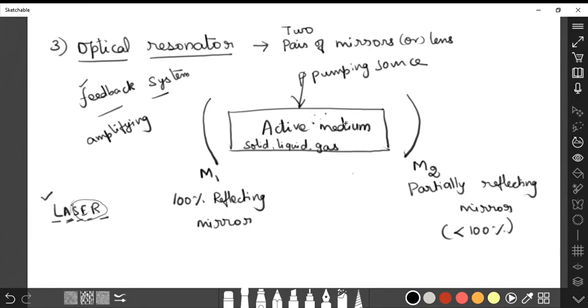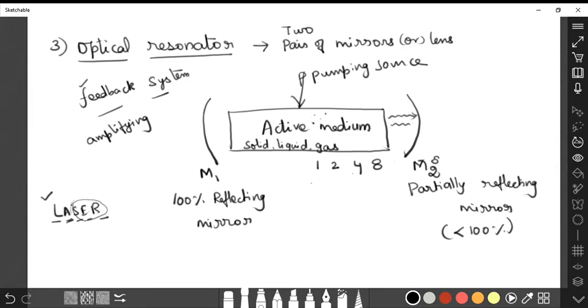So already I explained one photon becomes two, two become 4, 4 become 8, right? So now these 8 photons will come here.